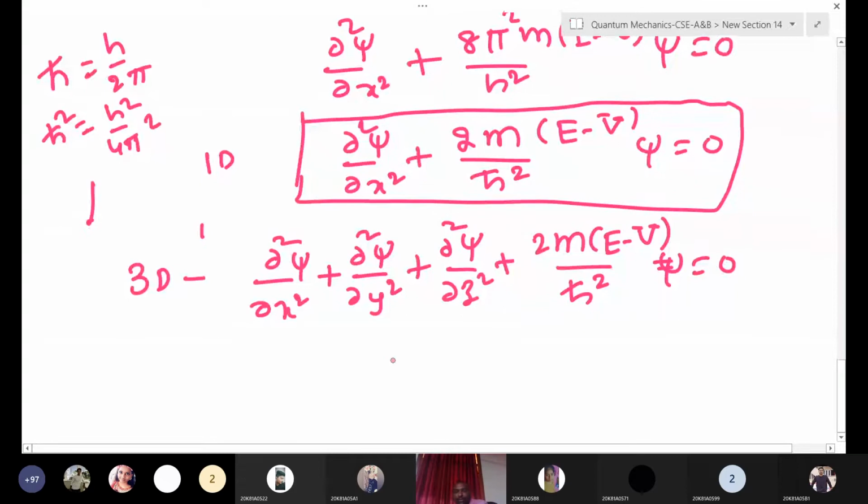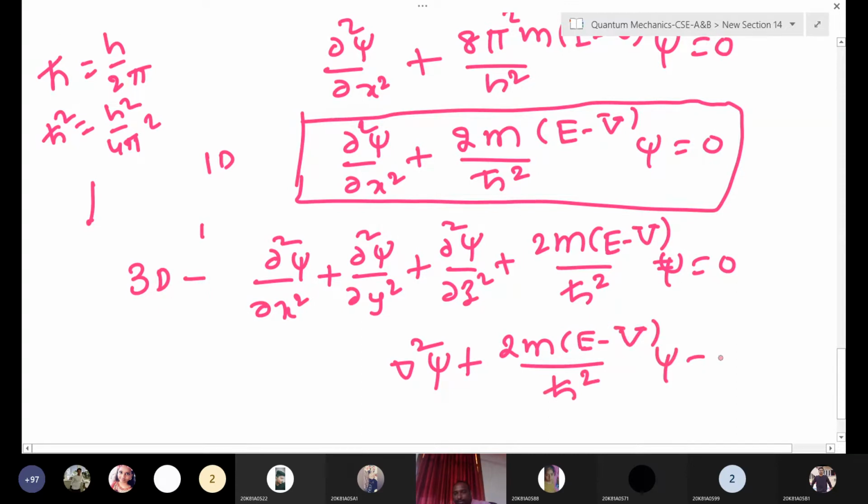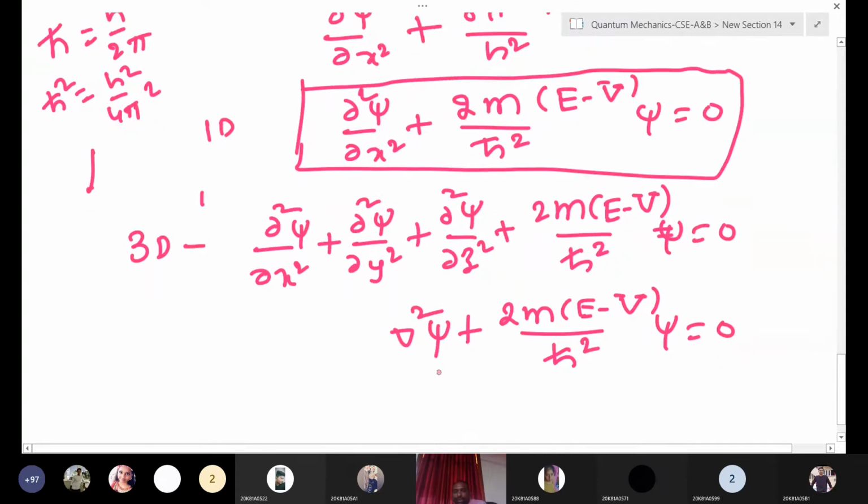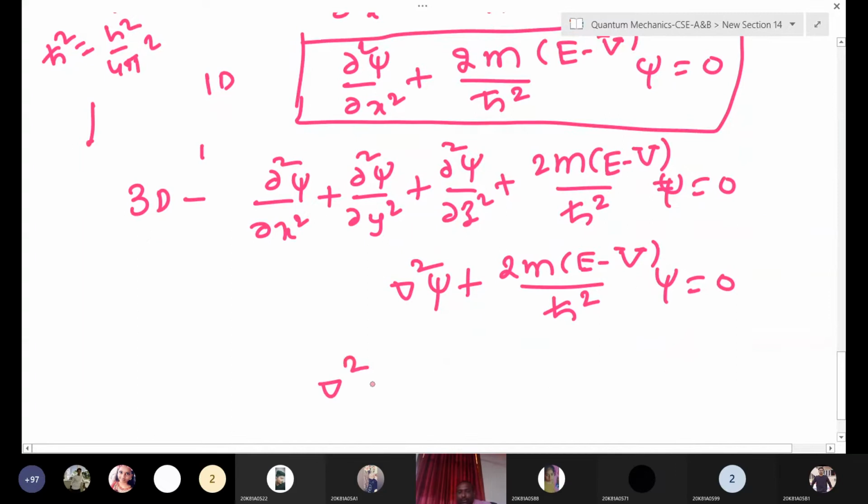Or you can write it in a simpler way: del square psi plus 2m into E minus V by h cross square into psi is equal to 0. Here del square means dou square by dou x square, dou square by dou y square, and dou square by dou z square.